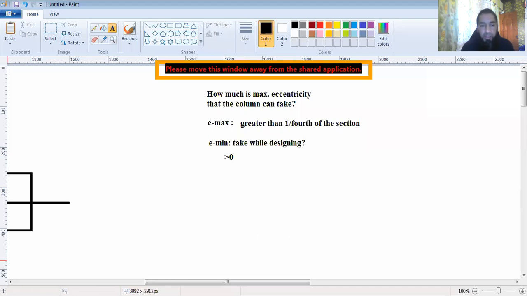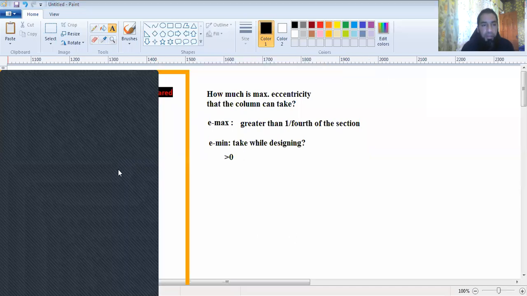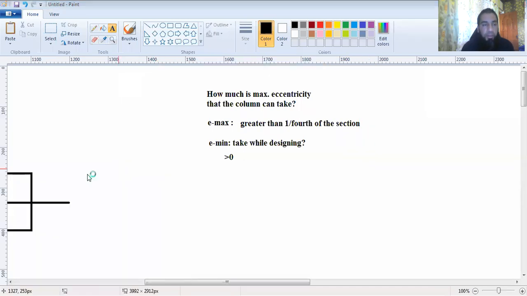Minimum eccentricity is given in the code. Let me show you this.